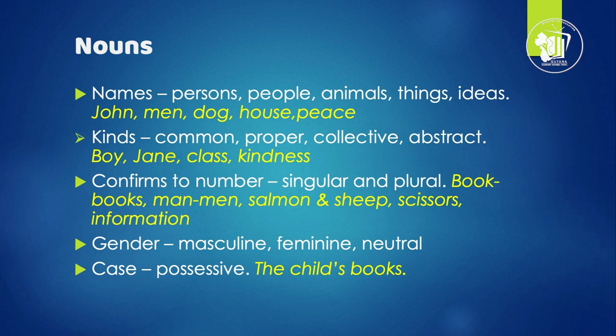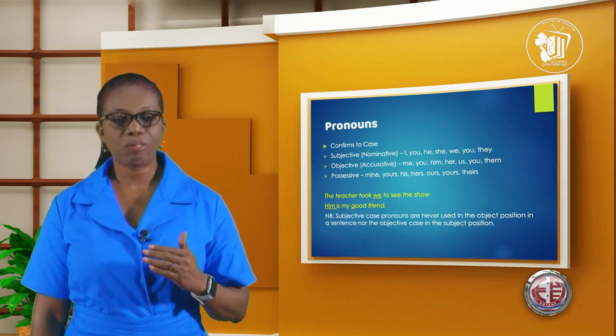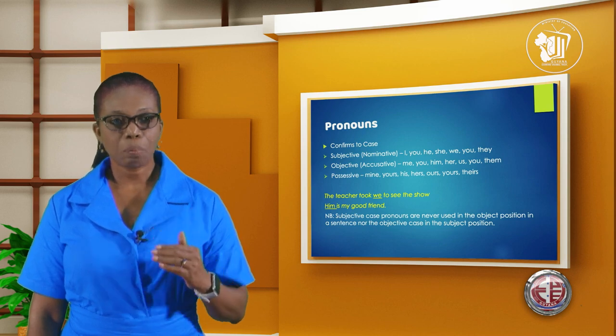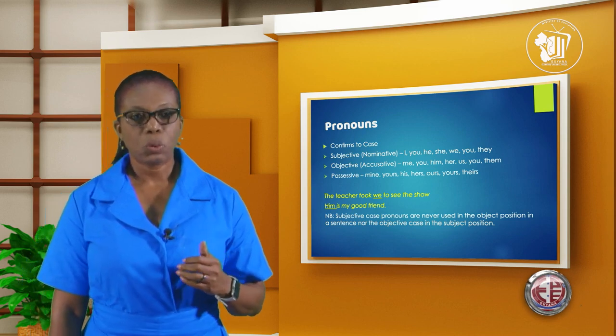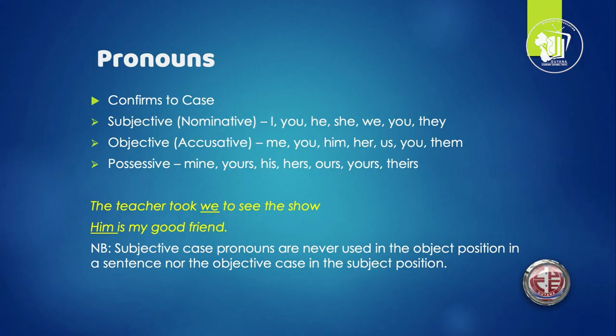So we have the child's book, meaning that the books belong to the child. Another naming aspect of words is pronoun. Pronouns conform to case, and we have the subjective or nominative case, and the examples there are I, you, he, she, we, you, and they.